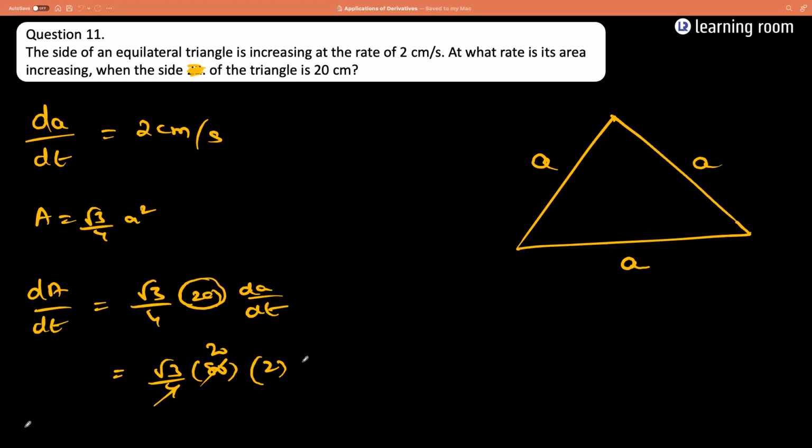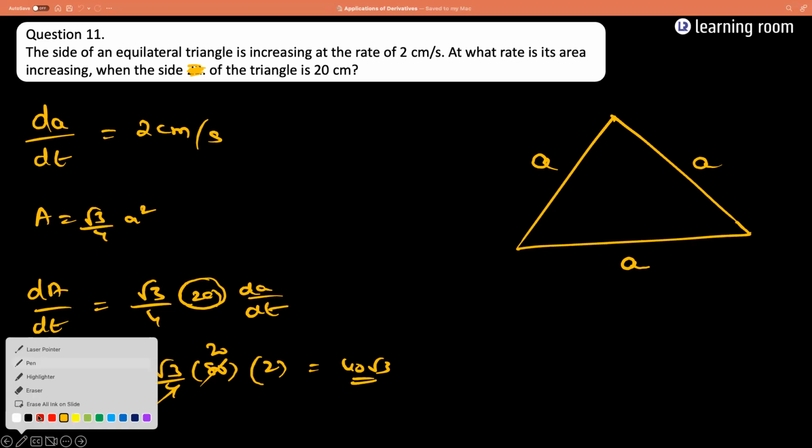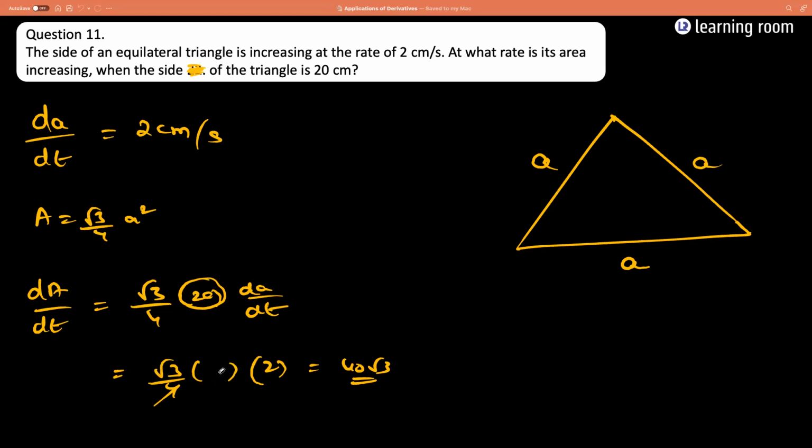Is there any mistake I made? 2A, so that 2A is 40, no? 2A is 40. So this will go 20. Sorry, 10, 20, 10. 20 root 3 is the answer, huh?